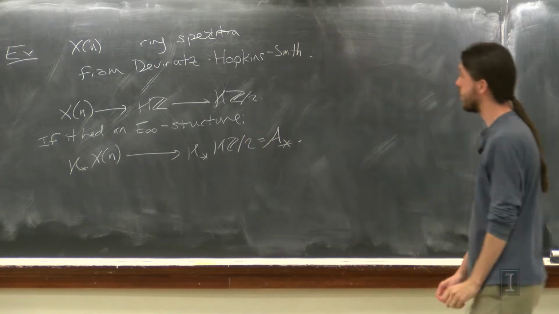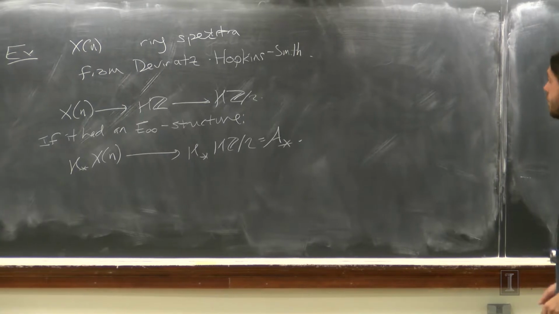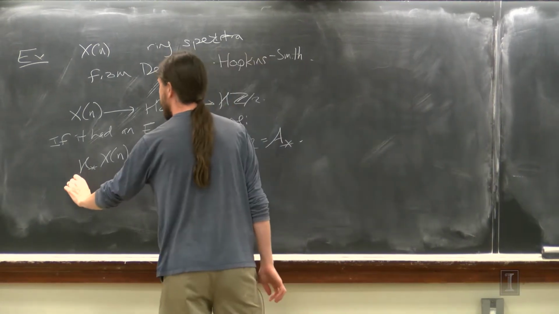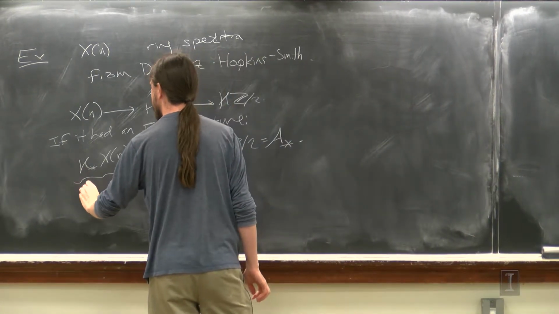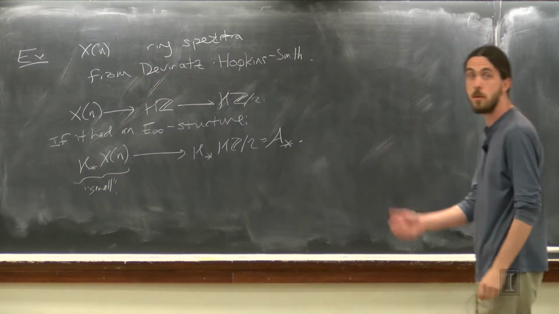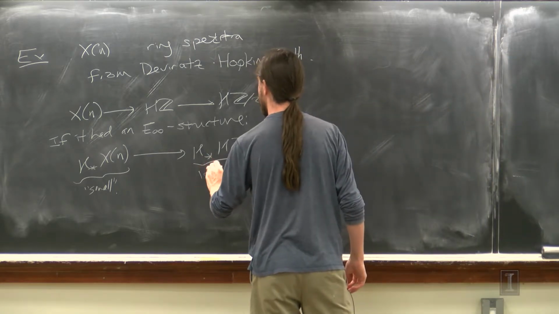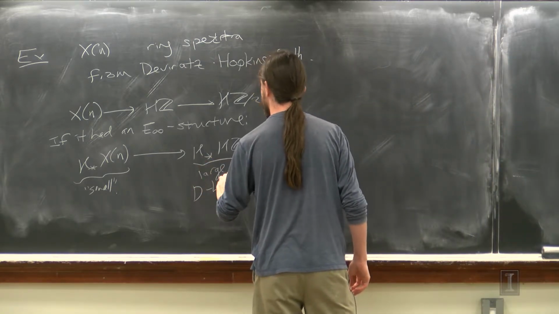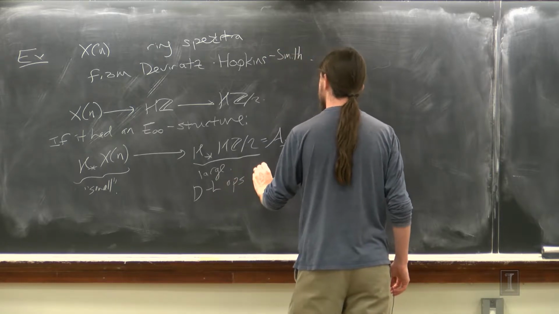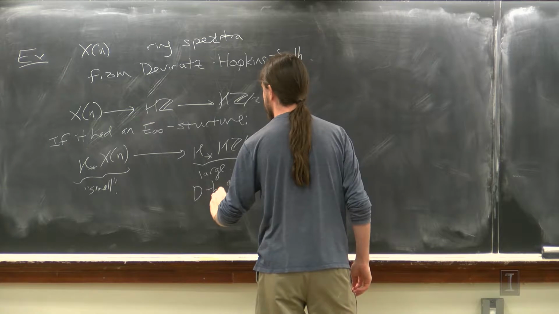This is Milnor's dual Steenrod algebra. The image is known in a certain sense, but from a certain point of view this is small. This is a polynomial algebra on finitely many generators, whereas this is large. And the Dyer-Lashof operations were computed by Steinberger, Mark Steinberger.